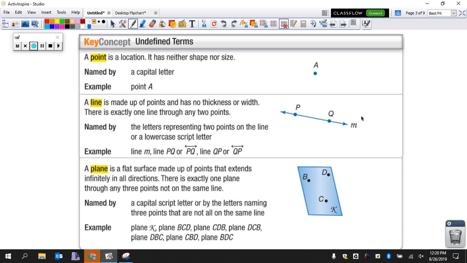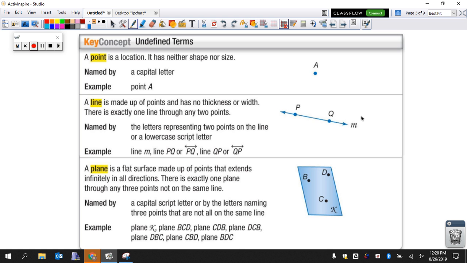The last thing we're going to talk about the definition of is a plane. A plane is a flat surface that's made up of at least 3 points that extends infinitely in all directions. The 3 points cannot be collinear, or in other words, they cannot be all in a straight line.